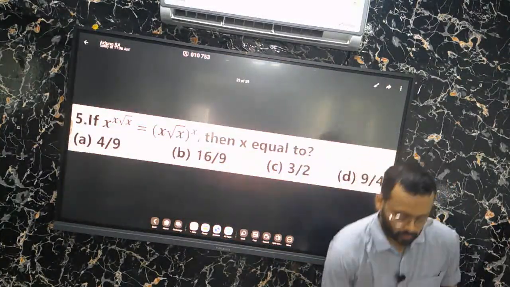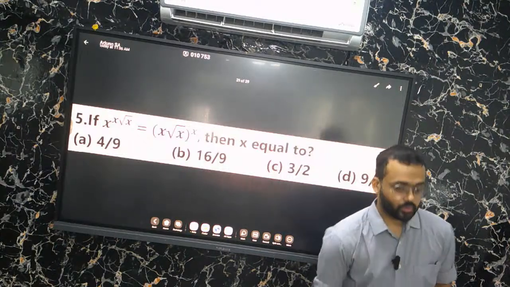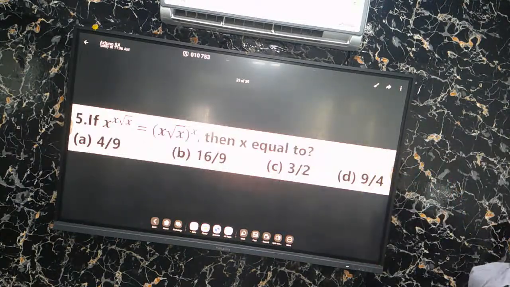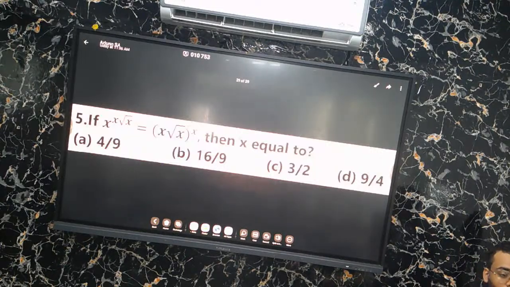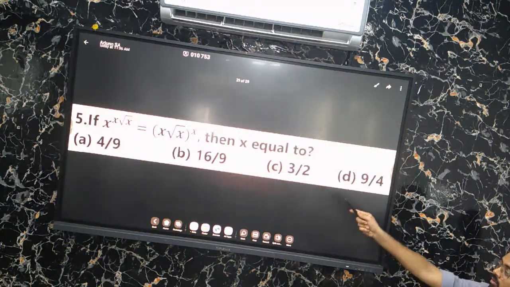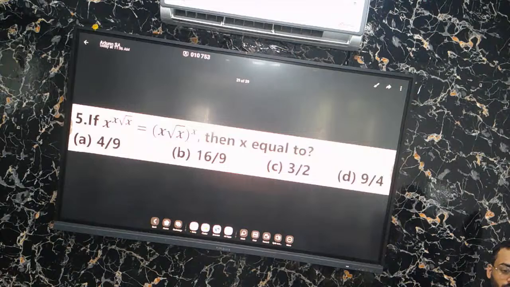Solve it. Okay, I wanted to star mark this question. Star mark it. See, we don't have any numbers in the question, but all options are numbers. These are the kind of questions SSC likes, where they will not give you numbers but the options will be numbers.